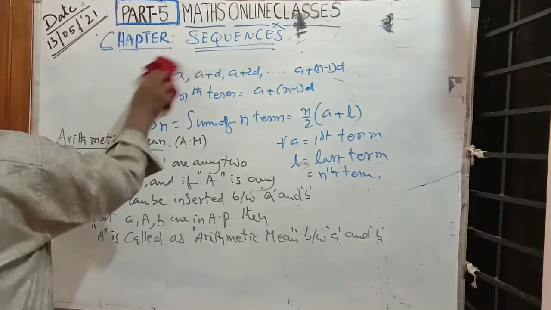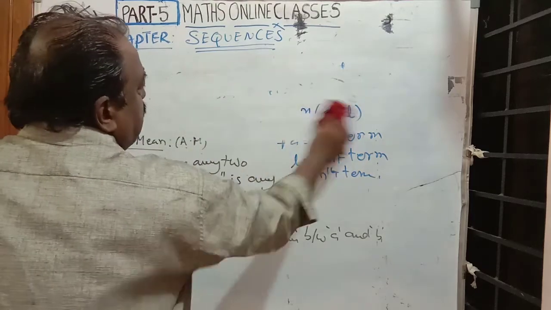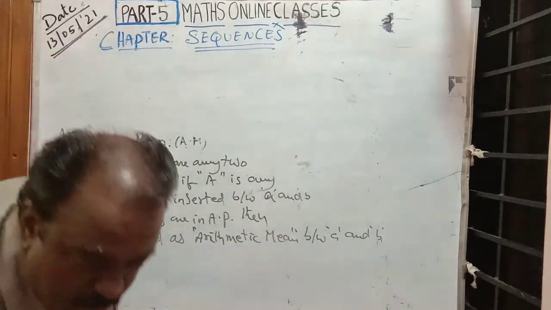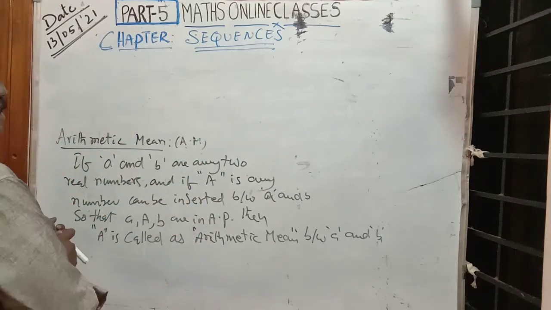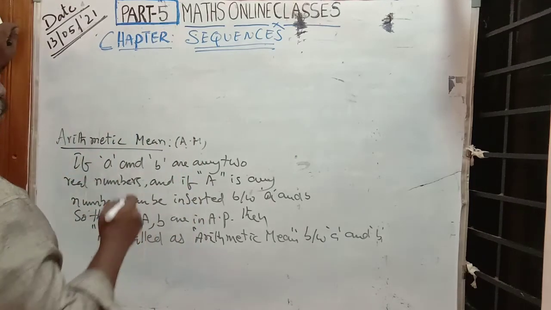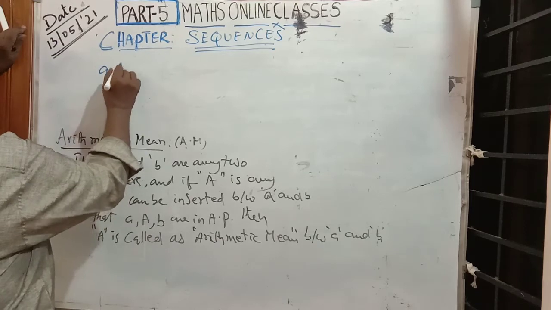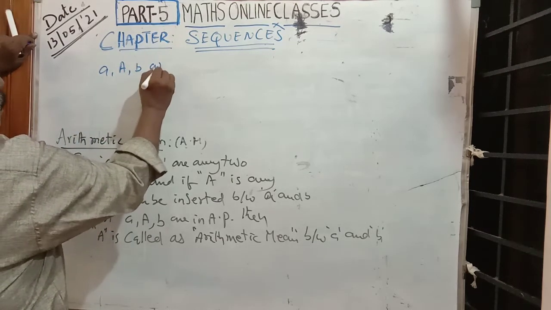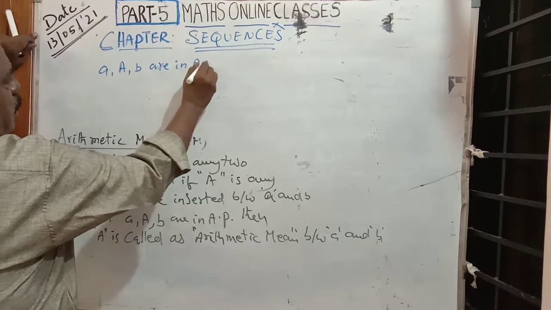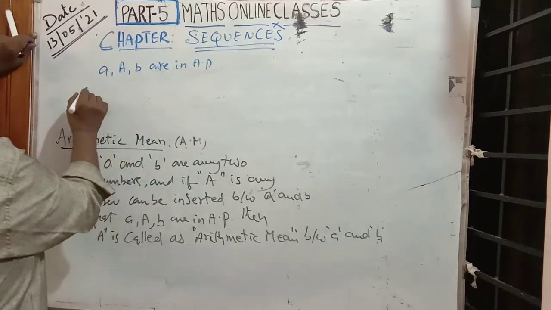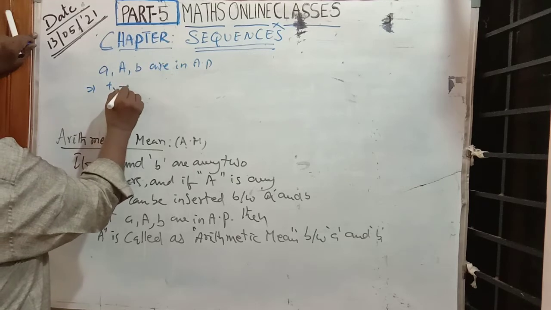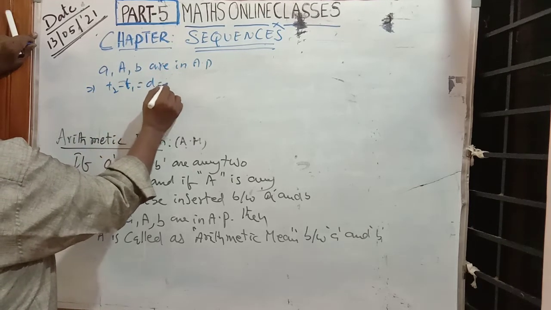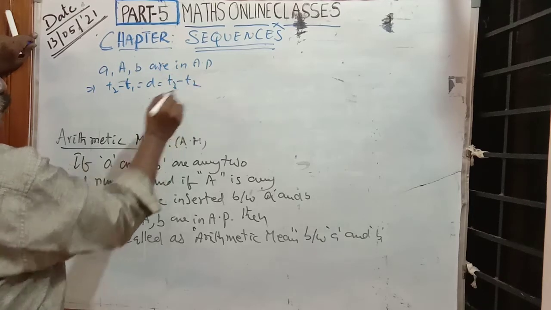What is the necessity of calling it like that? I will explain. a, capital A, b are in AP, that is the condition. That implies T2 minus T1 must be d, which is also T3 minus T2.